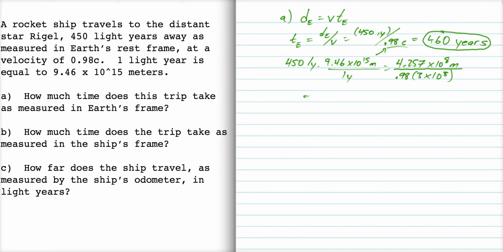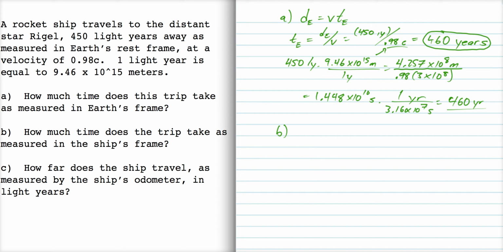Okay. And we get 1.448 times 10 to the 10th seconds, and then I convert that to years. And I get 460 years. Okay, so it works. But you don't need to do that. It just helps to see it sometimes.